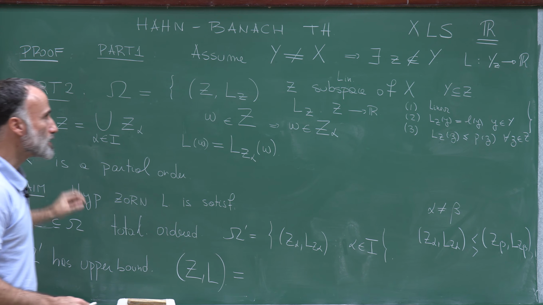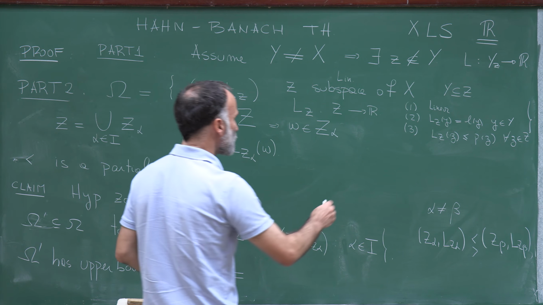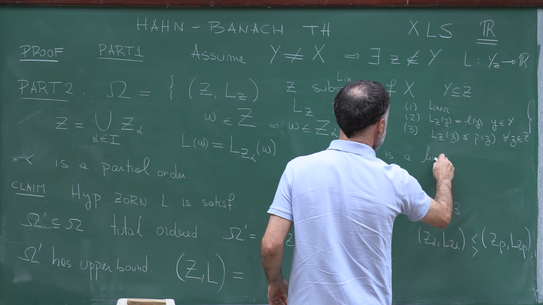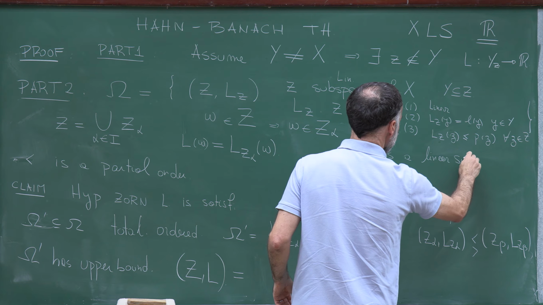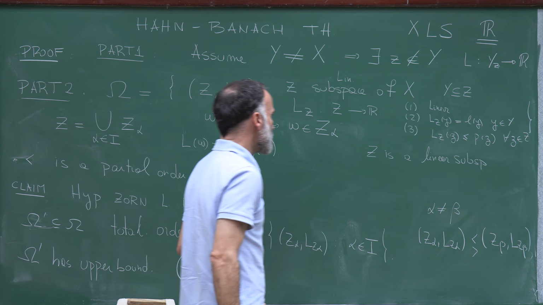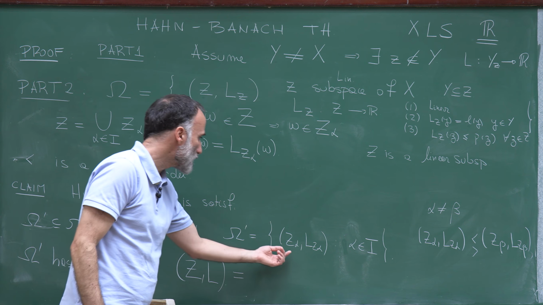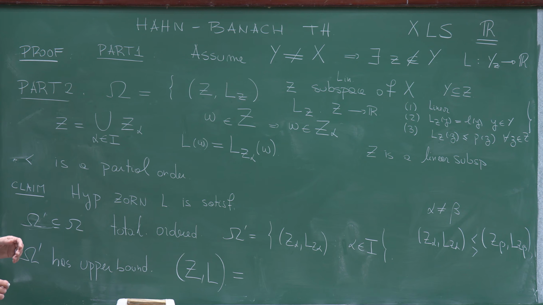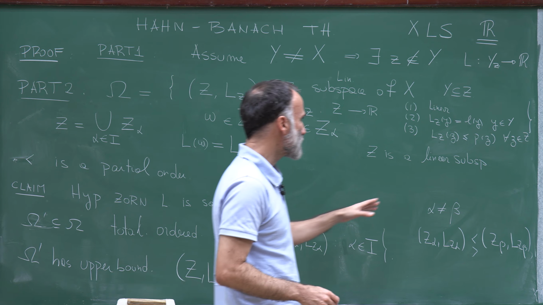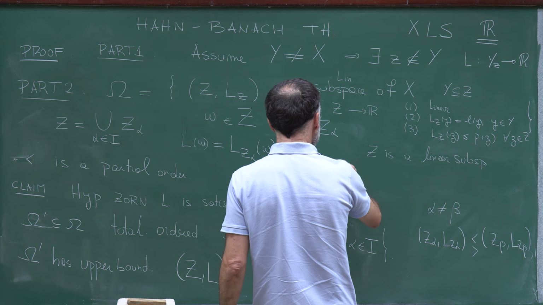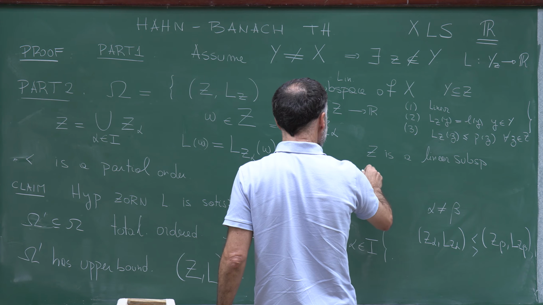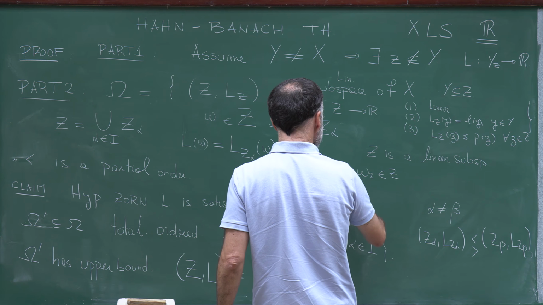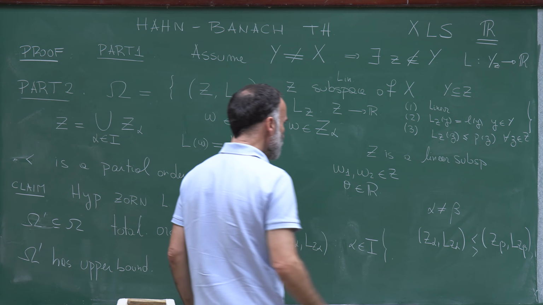My first claim is that Z is a linear subspace of X. Any of these spaces Z alpha are contained in X, so the union is contained in X. This is not a problem. What we really need to show is that it's a linear subspace. Let me take two elements, omega 1 and omega 2 in Z, and a scalar theta, a real number.